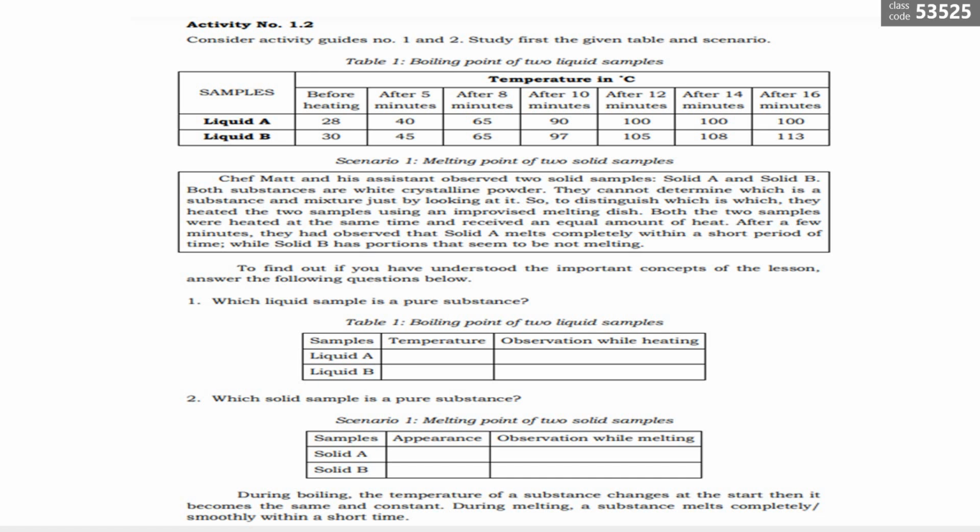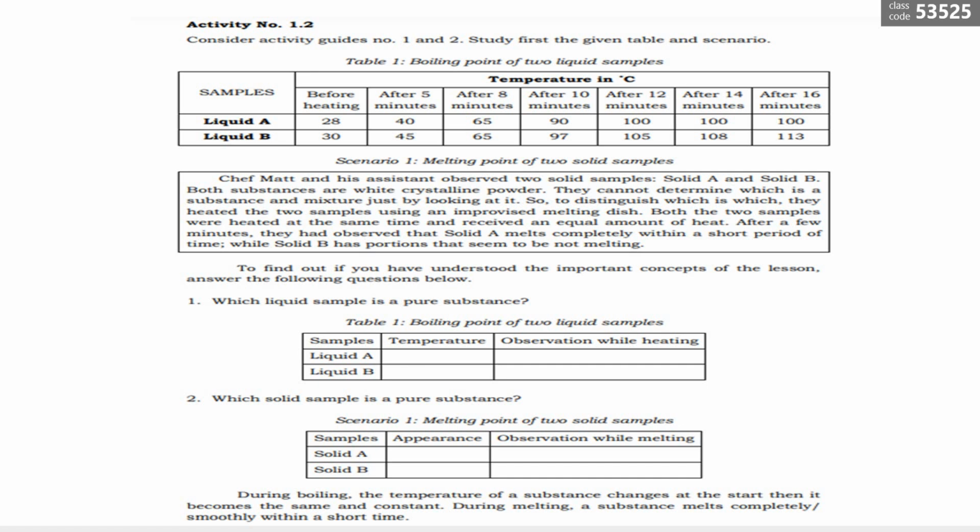Okay, let's have the scenario 1. Melting point of two solid samples. Chef Math and his assistant observed two solid samples, solid A and solid B. Both substances are white crystalline powder. They cannot determine which is a substance and mixture just by looking at it.